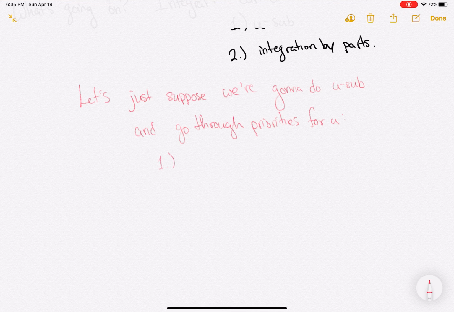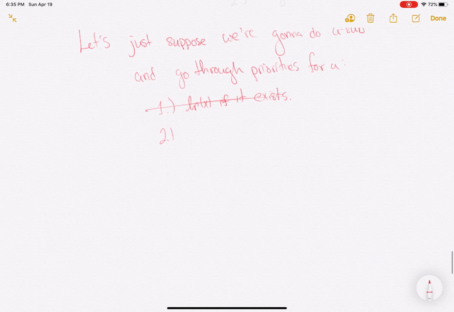Priority 1, natural log x if it exists. Certainly not. Priority 2, denominator if it exists. No way.